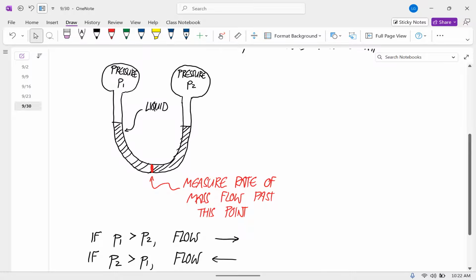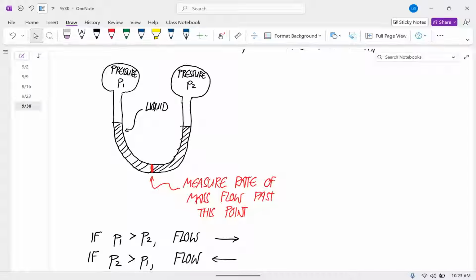Okay, so like look at this thing. If we made this pressure super high, that doesn't necessarily mean fluid's going to go that way, because if this is just as high or higher, fluid won't go. If these two are exactly the same, even if they're really high pressures, that liquid's just going to sit there in the middle. Okay, if this is really high but this is higher, fluid's still going to go back this way.